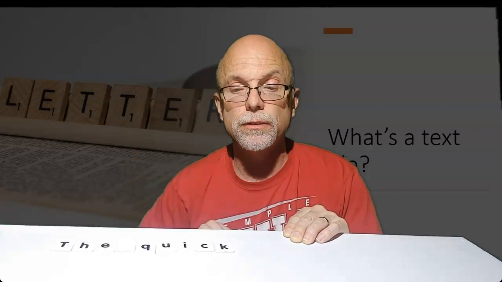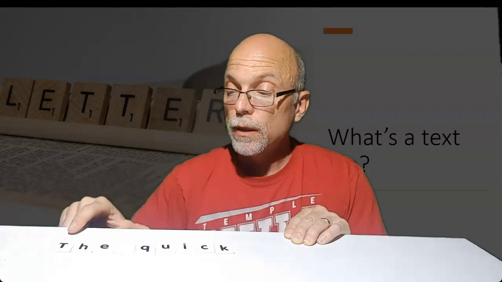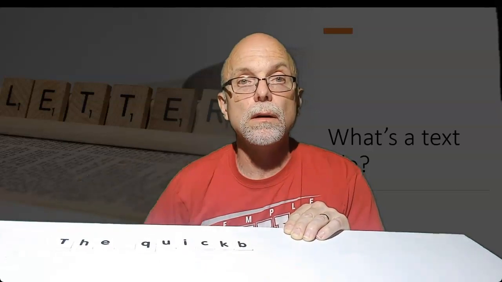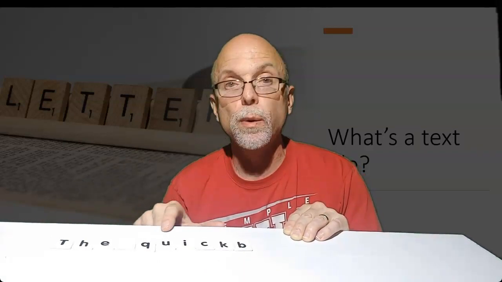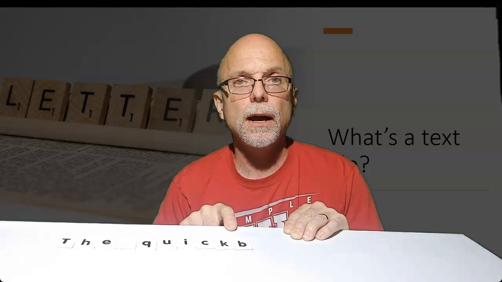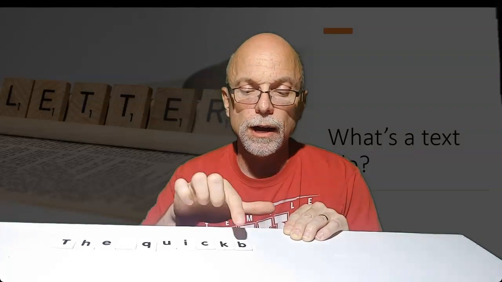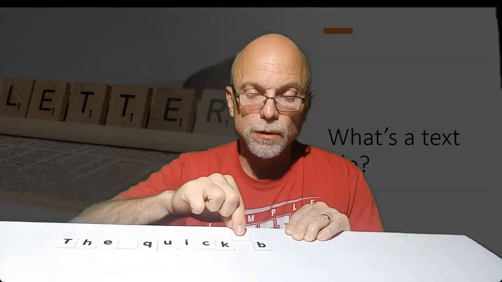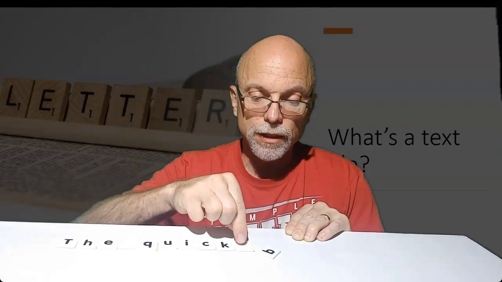It's a practice thing when you're learning how to type. So the space quick B. Oh, I made a mistake. Quick B. I goofed, right? Well, because I forgot to include a space. So I'm going to put the quick, and then I think I've made my point. I'll put the rest of the letters up here just as quickly as I can.